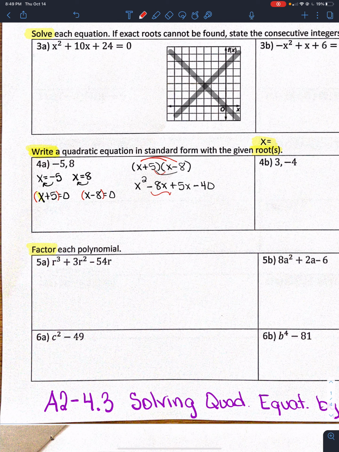In this case, we can combine these two because they both have x. And we have x squared minus 3x minus 40. Okay. All right, so that's what they want us to do if they wanted us to write it in standard form.